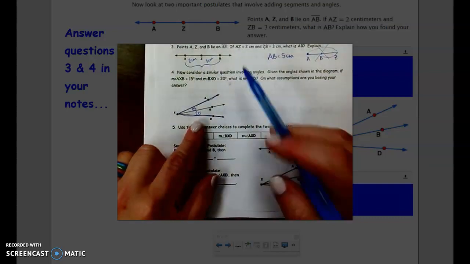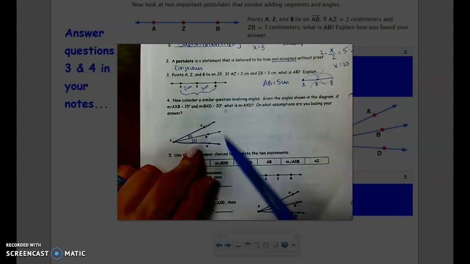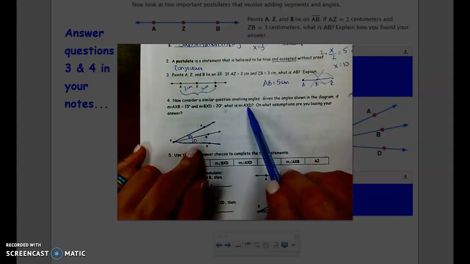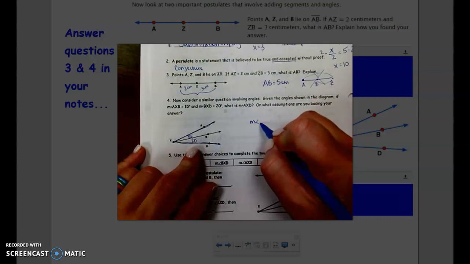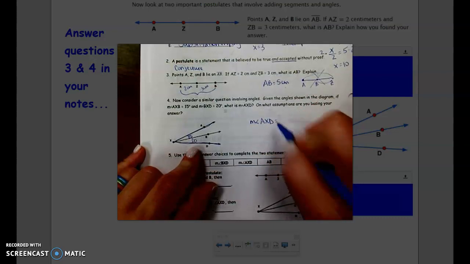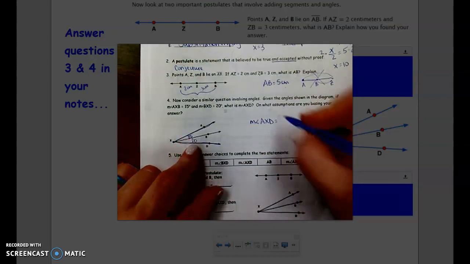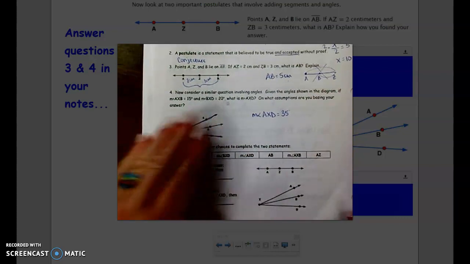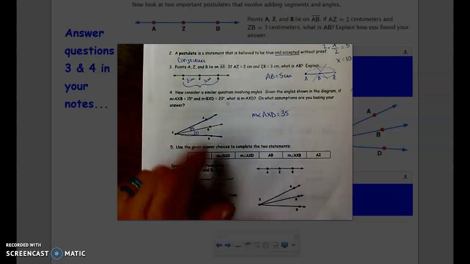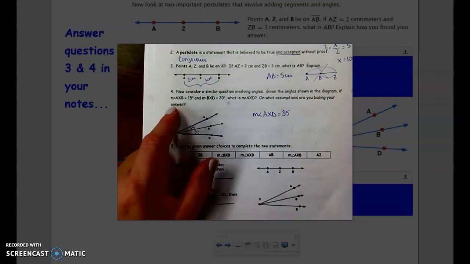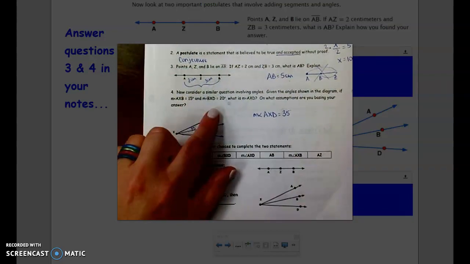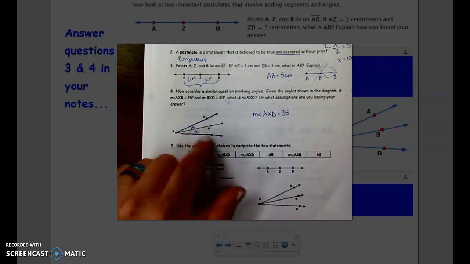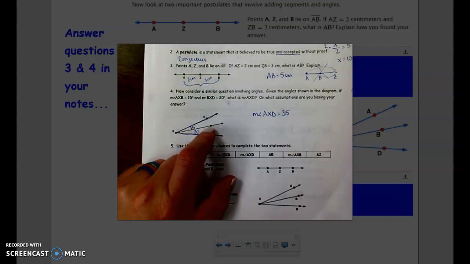So very similar to what we did with the segment up here, the parts add up to be the whole. So we're wanting to know the whole, and so it is simply the sum of the two parts. 15 plus 20 is 35 degrees. Now again, the drawing was given to us. If the drawing was not given to us, then we would have to, in this situation, assume that point B is inside that angle AXD, as it is shown in this picture.